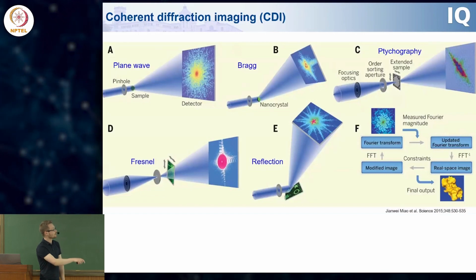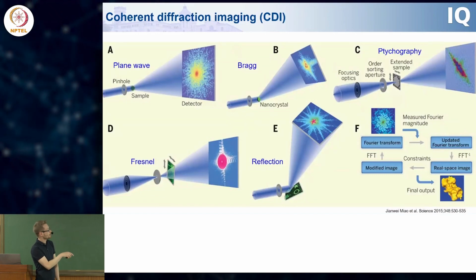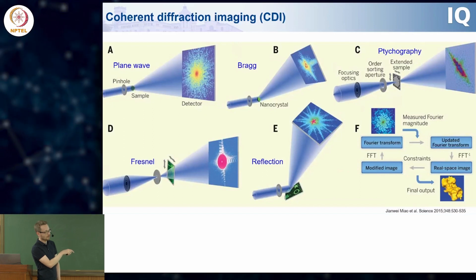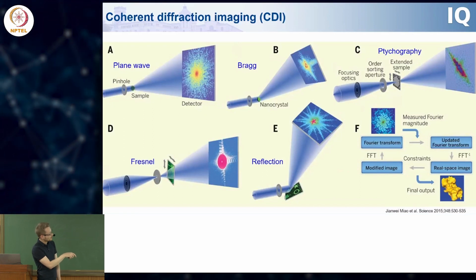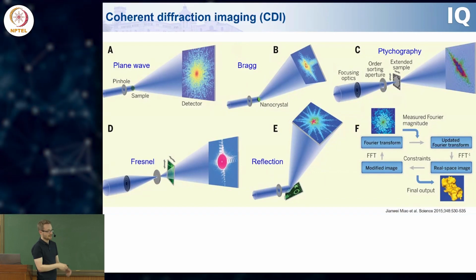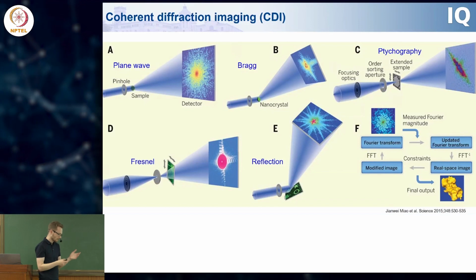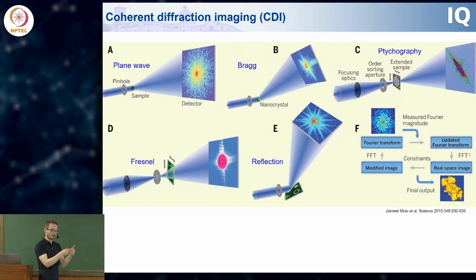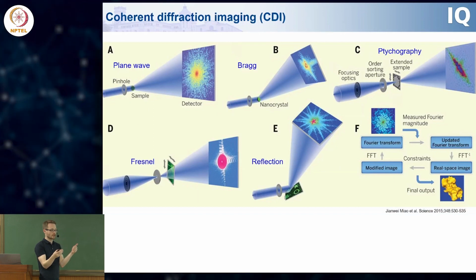Now, there are a couple of different types of this. The two important ones for us here are plane wave, where you just shine a plane wave onto your sample, and, as you see later, ptychography. What you do there is you have an extended sample that is bigger than your beam, and you step over it, collecting diffraction patterns from each position that you hit.